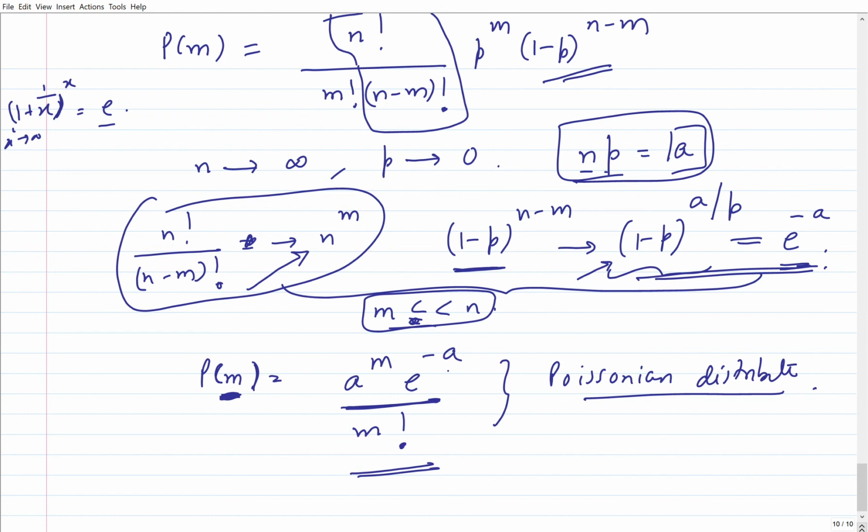So when is this limit valid? As we said, this is valid when n is very large and the probability of success at each trial is going to 0.